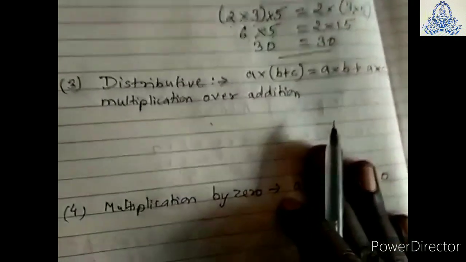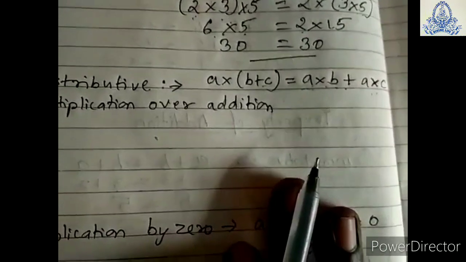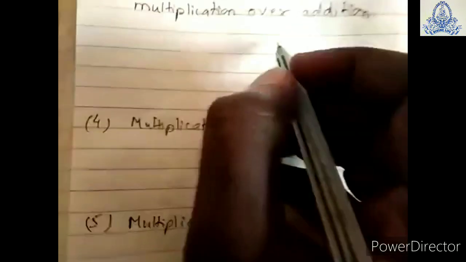So according to that we can prove how the answer will be. Suppose we are taking A, B, C as any three numbers.